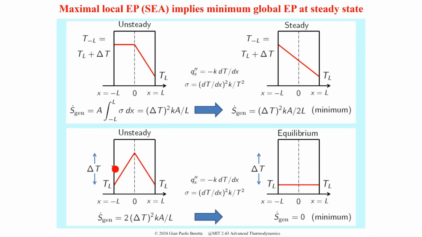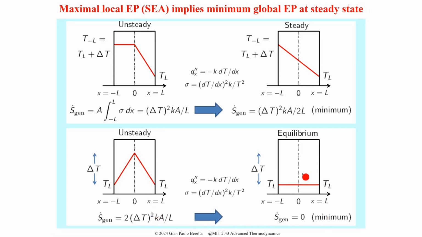This is another example in which you have different boundary conditions that would allow an equilibrium state. So you start from this one, and you have an entropy production rate, which is given by this. You let it go, it will reach a flat temperature profile, which is equilibrium, zero entropy production, again, a minimum.